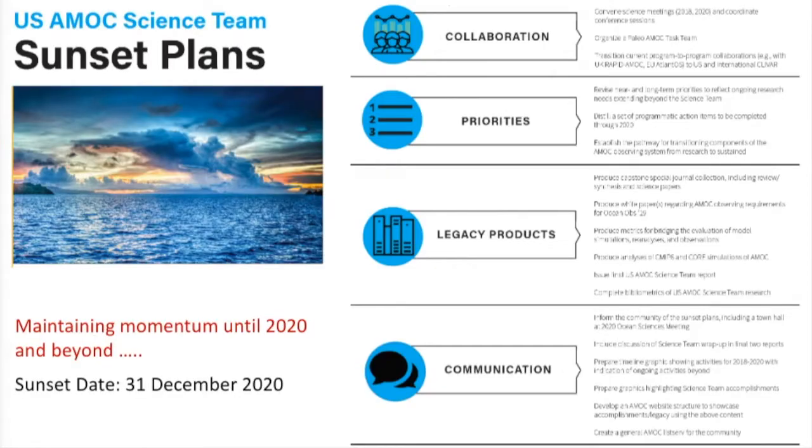One of the things that we said we would do is produce, for example, ocean observation papers. We would also produce a special issue collection, including review, synthesis and science papers, highlighting the US AMOC activities together with our international partners.